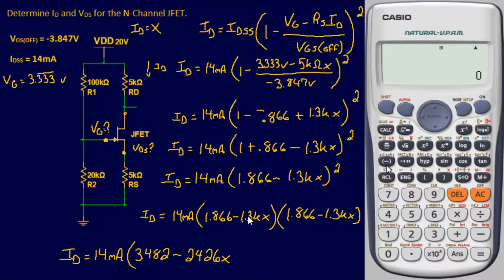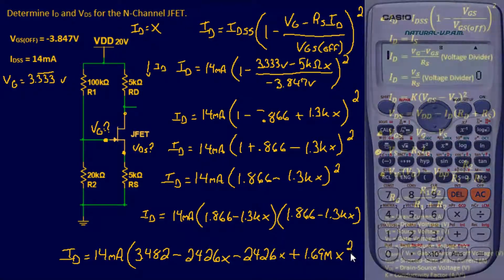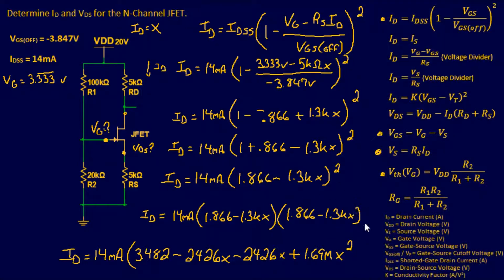Now the good news is negative 1.3K times that gives us the same answer, so it's 2,426X, and then 1.3K times 1.3K is going to give us a positive, because a negative times a negative gives us a positive, 1.69 meg, and that's X squared, because an X times an X gives you a square.